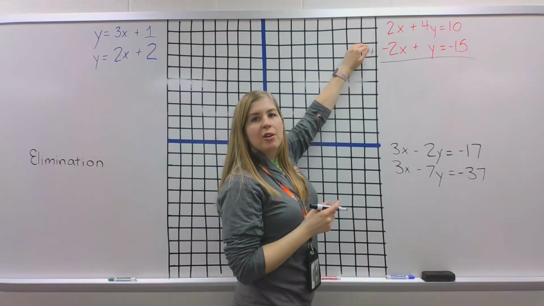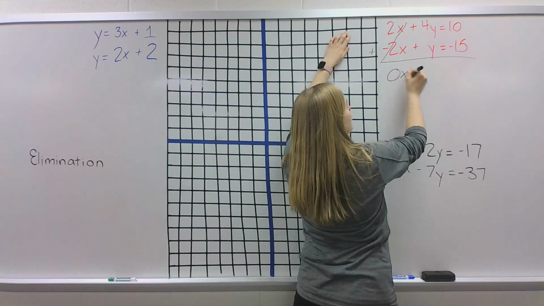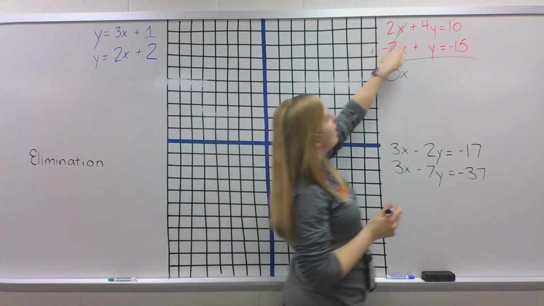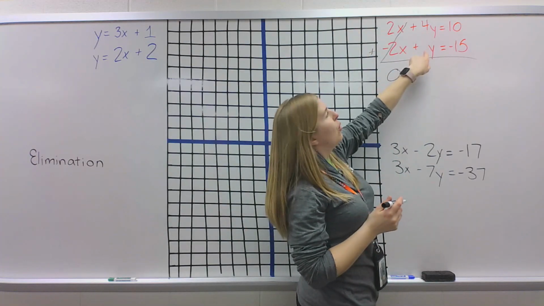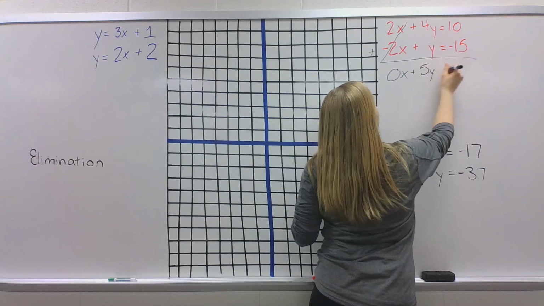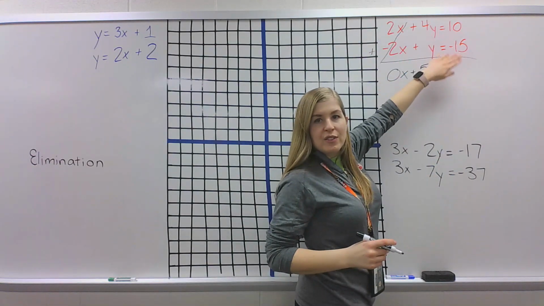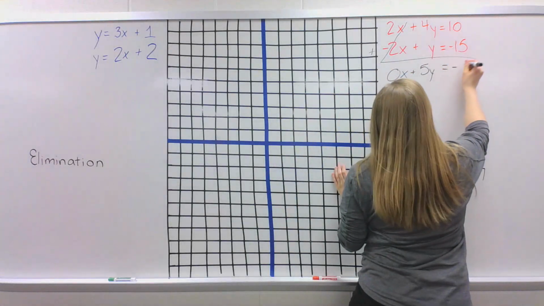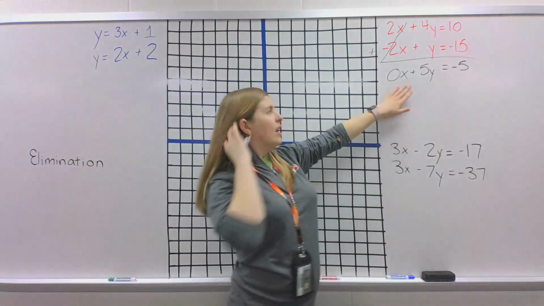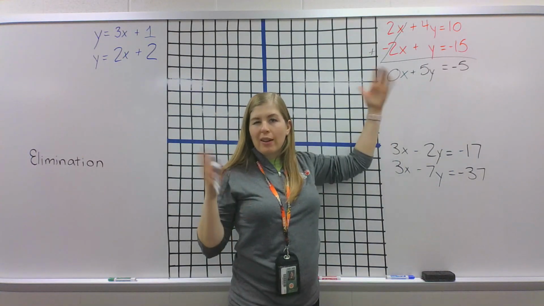So 2x plus a negative 2x is 0x. We can cancel out, or you can just write 0x. It'll cancel out. 4y plus 1y is 5y. And 10 plus negative 15 is a negative 5. From here, we have 5y equals negative 5, because the 0x doesn't matter.